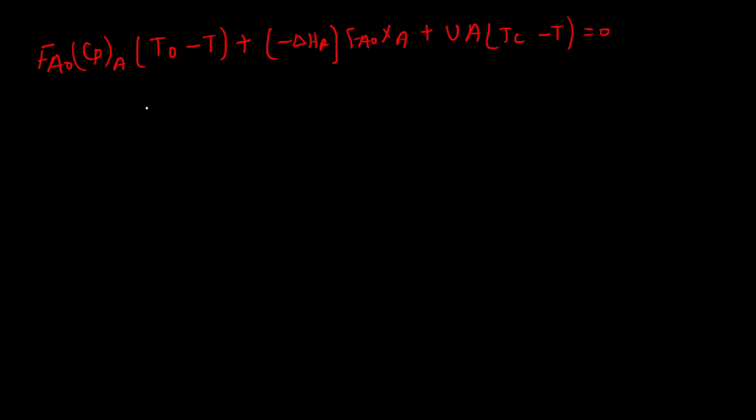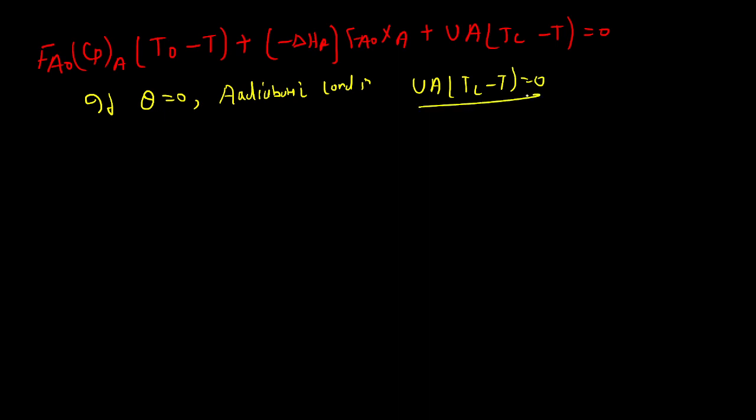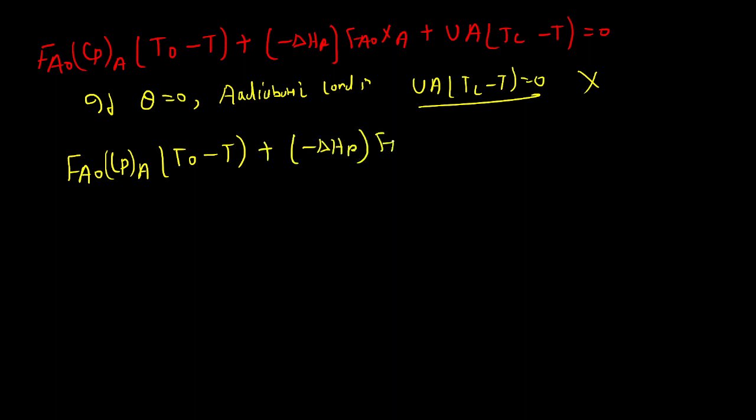So the first case is that if Q is equal to 0, that is the adiabatic condition, UA (Tc minus T) will be 0 if no heat is supplied. So it will be Fa naught Cp of A (T naught minus T) plus (minus delta H of R) Fa naught Xa equal to 0.